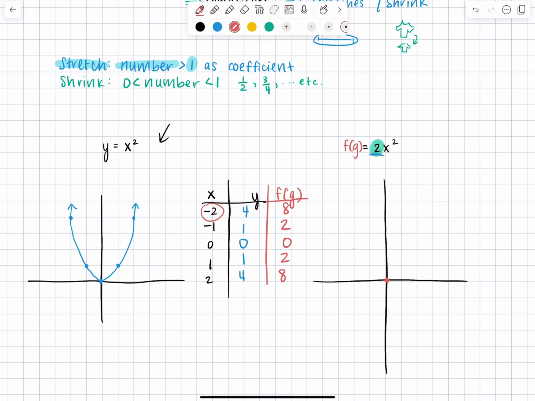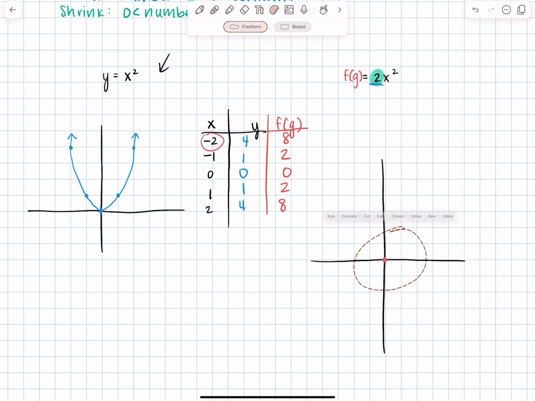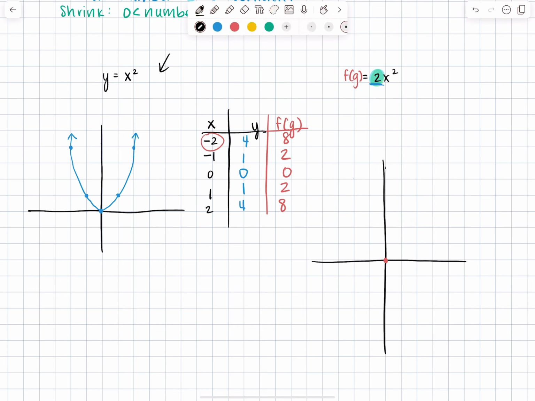Let's move the graph a little down. Okay, I think this should be good. And then extend this one. Okay, so we have 0, 0, and then we have -2, 8.